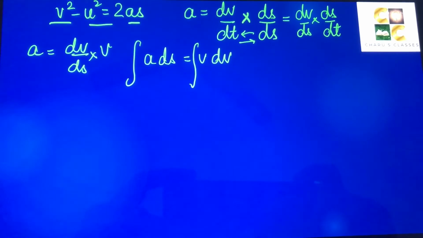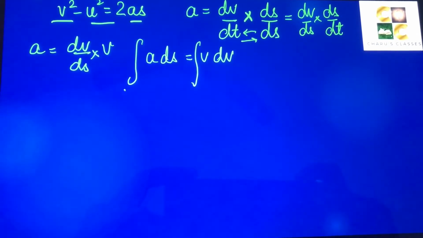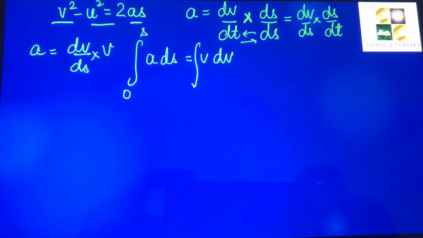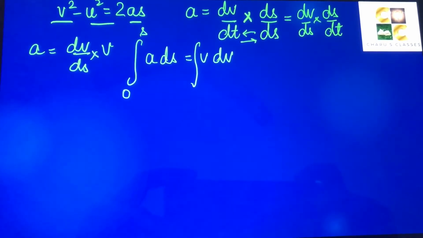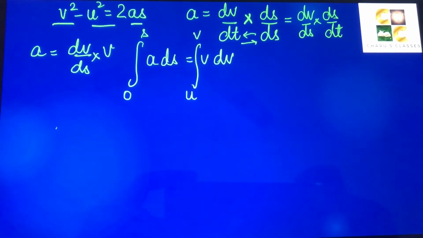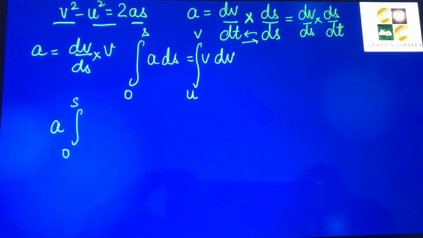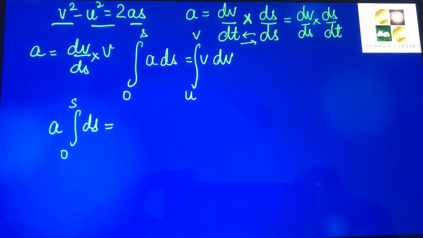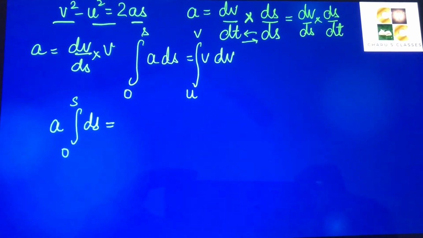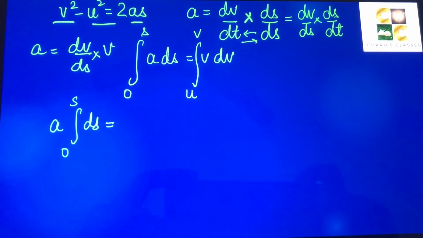Taking integration both sides. So with respect to ds, the displacement is happening from 0 to s, and with change in velocity which is happening from u to v. A is constant, so we'll have a integral 0 to s ds is equal to, in this case, integral v dv.